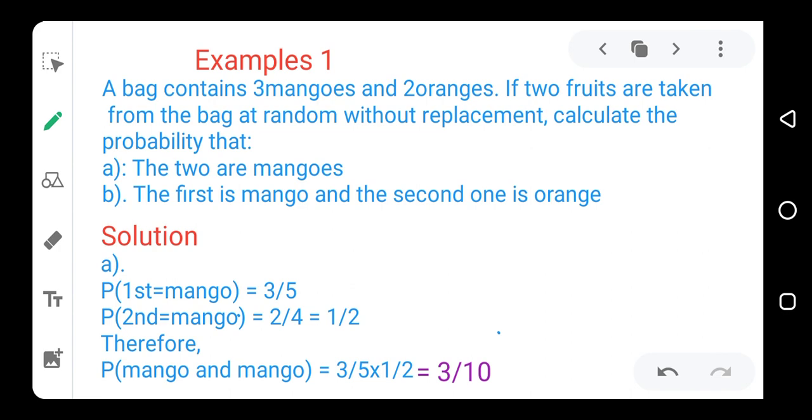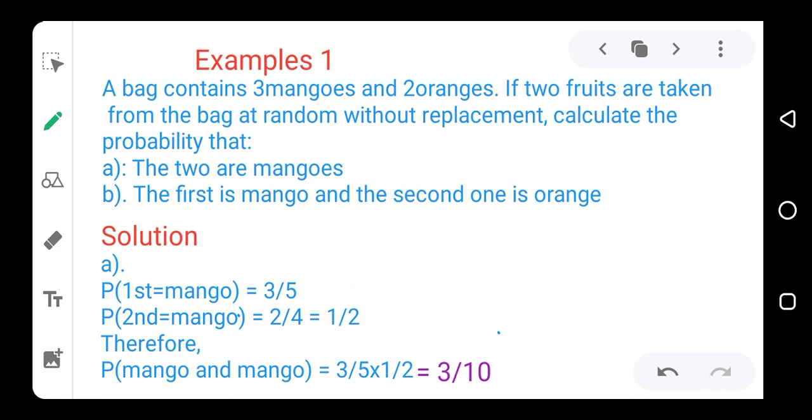The total number of fruits we have in the bag is 3 plus 2, which is 5. So the probability of picking the first mango is 3 over 5. Now remember that any one you pick, that one is gone. It is lost. You can't put it back.